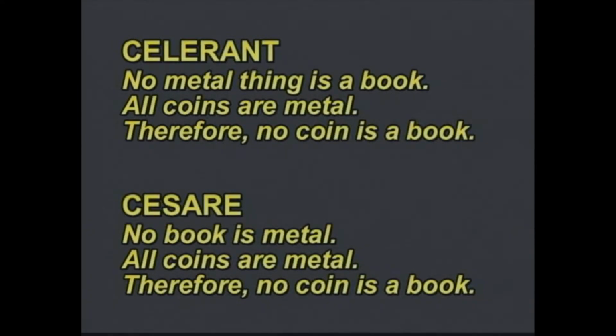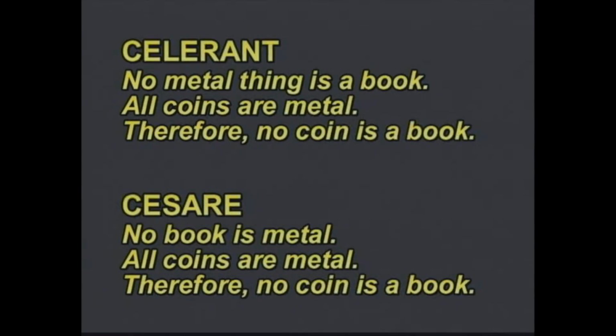It's hard to see. But what we can notice is this, that the major premise of Cesare, no book is metal, is a universal denial. We can convert the universal denial into another universal denial. No book is metal converts into no metal thing is a book. And when we convert that proposition, the result is Celarent.